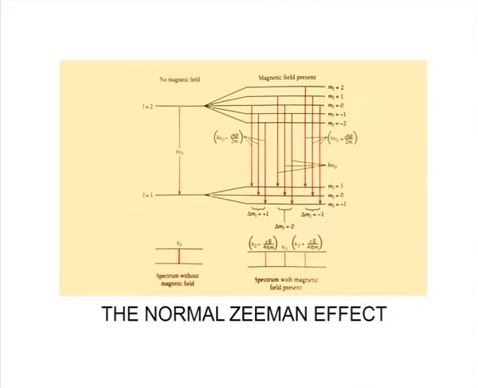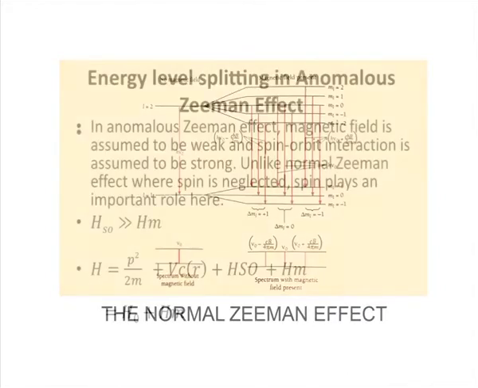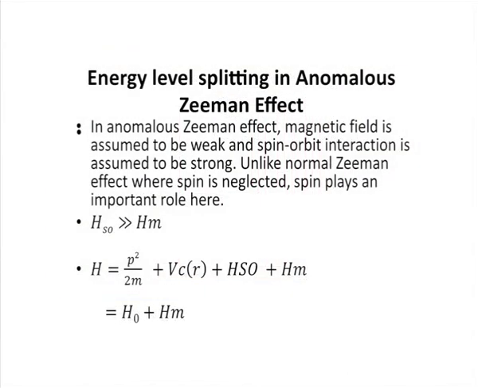Now, we go over to energy level splitting in the anomalous Zeeman effect. In the anomalous Zeeman effect, the magnetic field is assumed to be weak and the spin orbit interaction is assumed to be strong, unlike the normal Zeeman effect where spin is neglected. Spin plays an important role here.